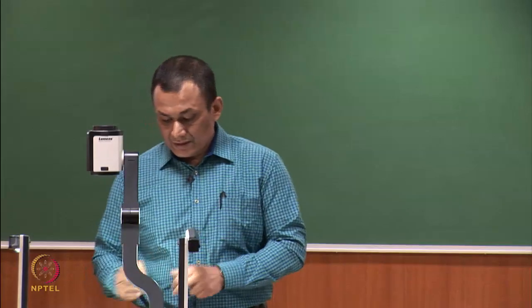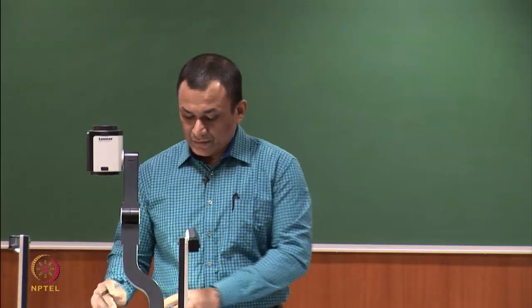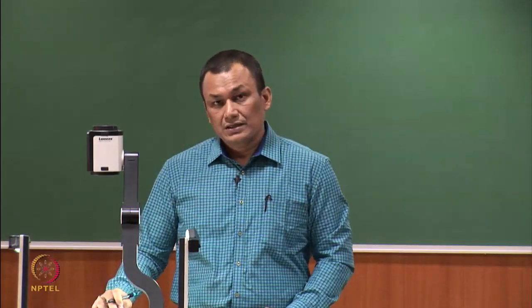Right. In that case, cos theta, theta tends to pi by 2, this tends to 0, this is very small. When this is very small, this fraction is very high.